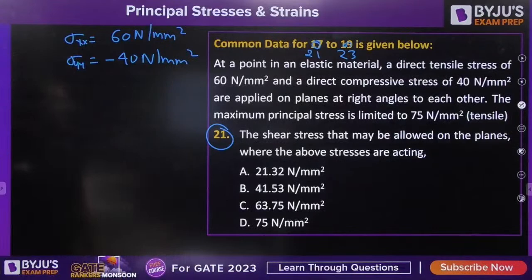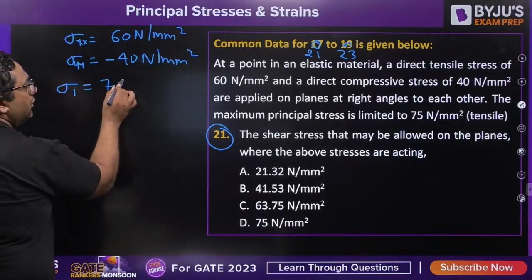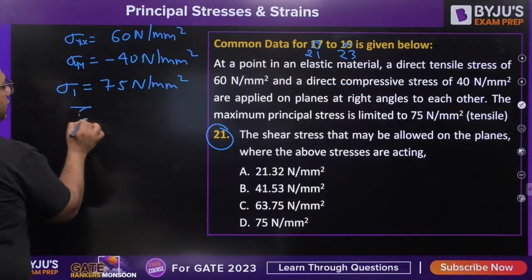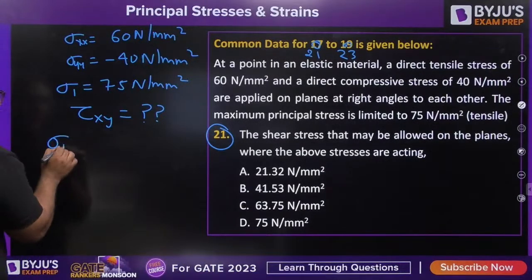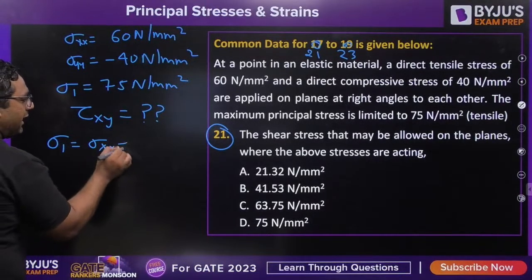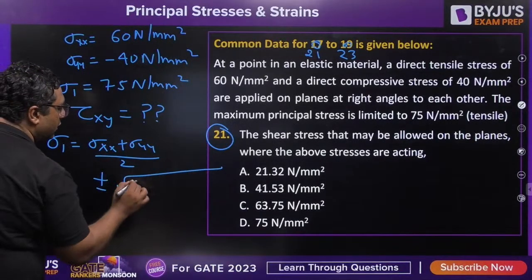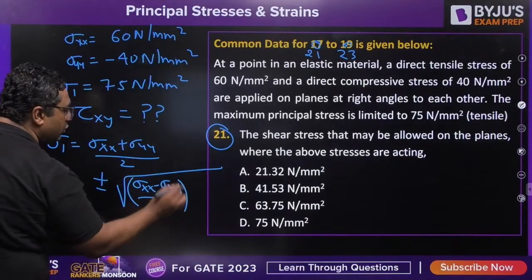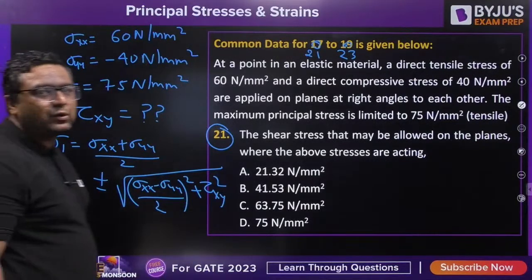The maximum principal stress is limited to a given value. You need to find tau xy. You know sigma 1 is (xx plus yy) by 2 plus the square root term, (xx minus yy) by 2. So guys, find the tau; it is a similar, calculative question.